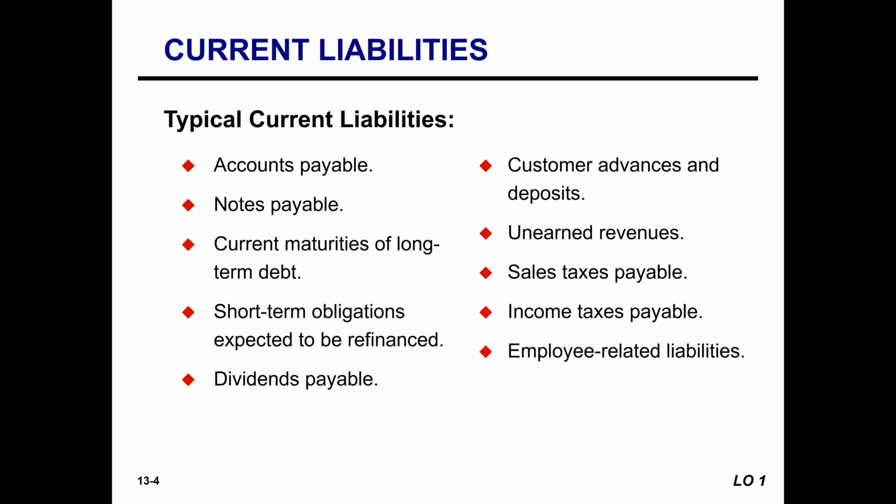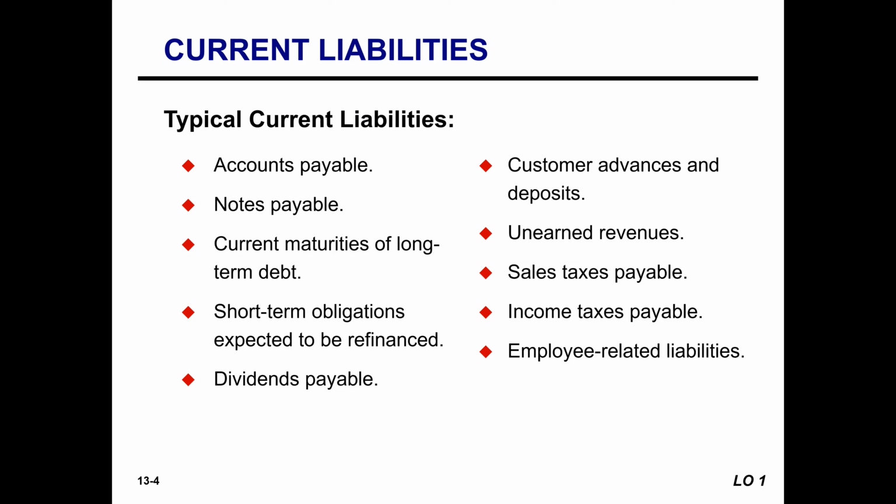Customer advances and deposits and unearned revenues. Those are basically the same thing, as we'll see when we're going through and looking at examples of each one of these or defining each one of these. This is when we've received a deposit or we've received payment in advance, and then we owe some type of product or service for that.